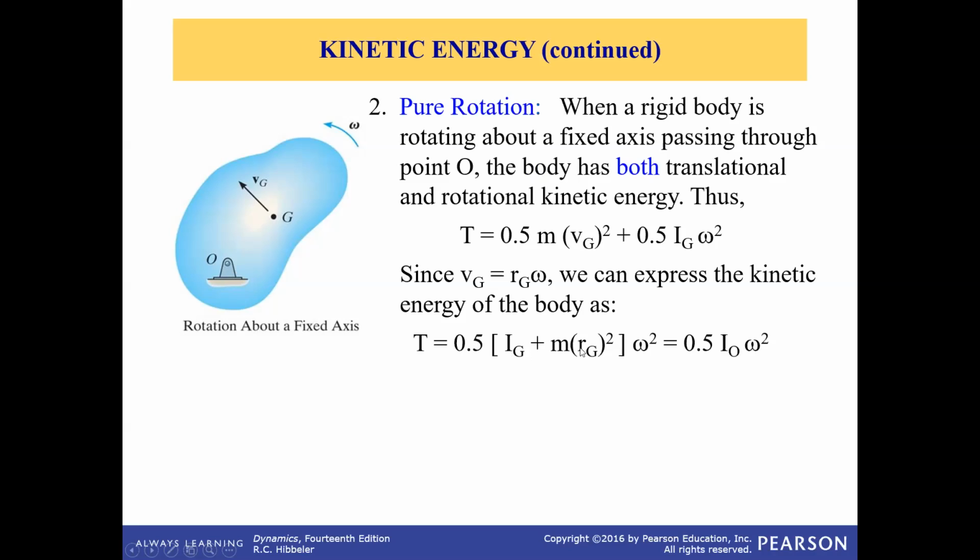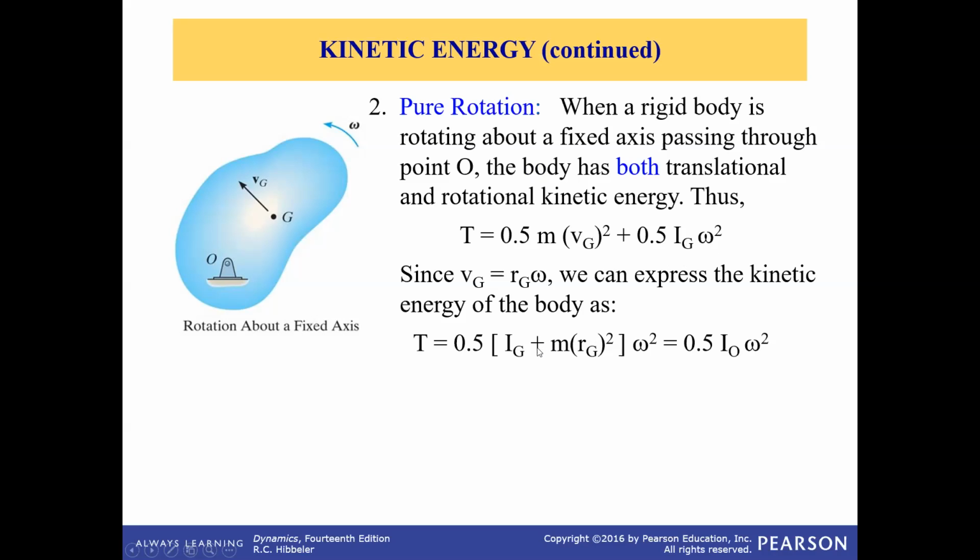Actually, the first term in the square bracket comes from the Ig in the second term of the first equation. You take the 0.5 out and omega out as well. Keep in mind vg is equal to rg times omega, and you take the square out.